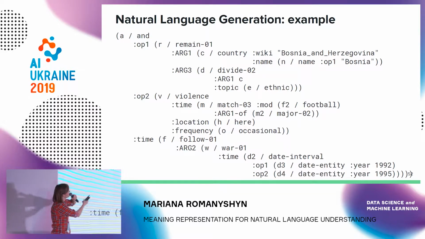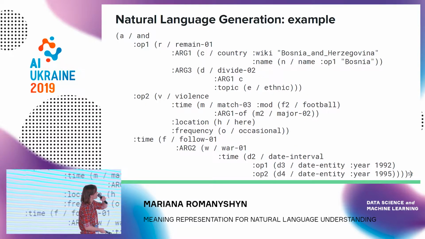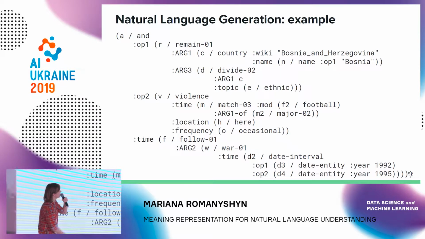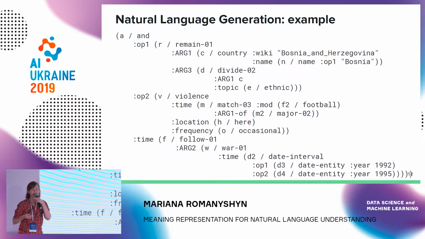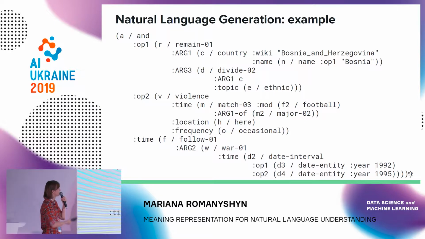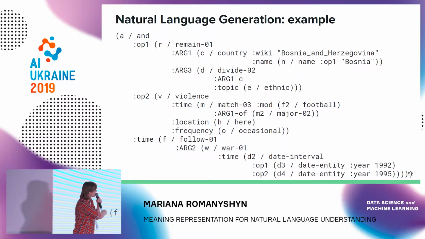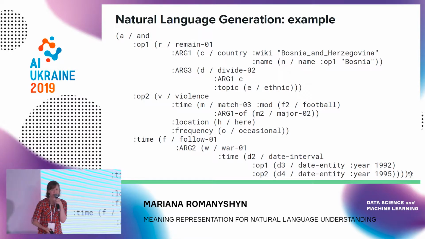And the second event is the violence, the concept of violence, that happened during a major football match, right? And it happens here, and occasionally, which gives us some intuition about the tense of the sentence, for example, present tense. And we also have information about the time that these two events happened, following a war from 1992 to 1995.